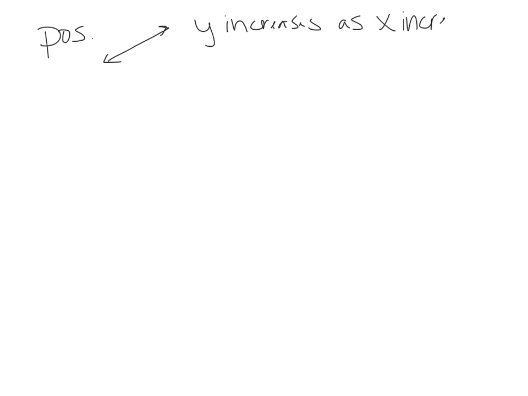All right, so now let's talk about positive association. Positive association goes kind of like positive slope. Y increases as x increases. It also goes from the lower left of the graph to the upper right.